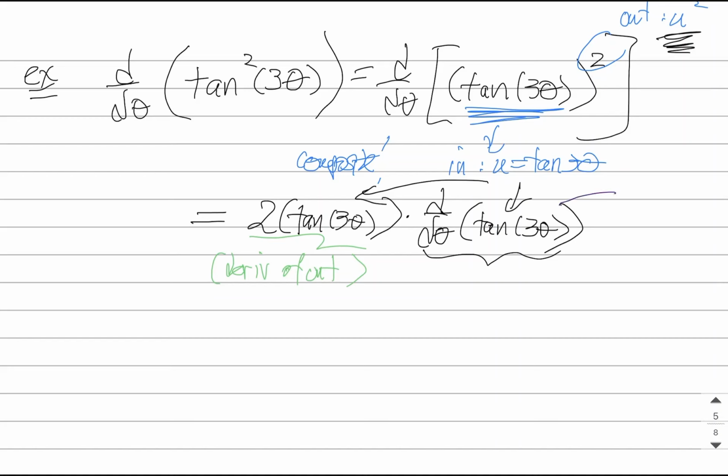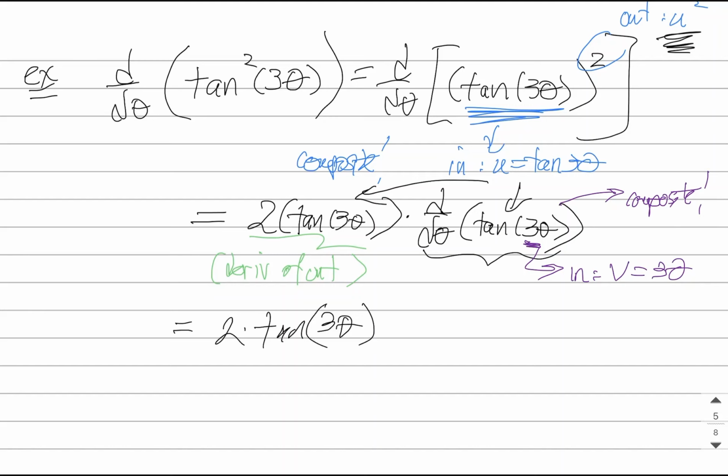Now, how do we do this? Well, this is also a composite. So this time the inner layer, you could call it something else. You could say it's V. It would be 3 theta. So according to the chain rule, we would have our outside layer where it was before.